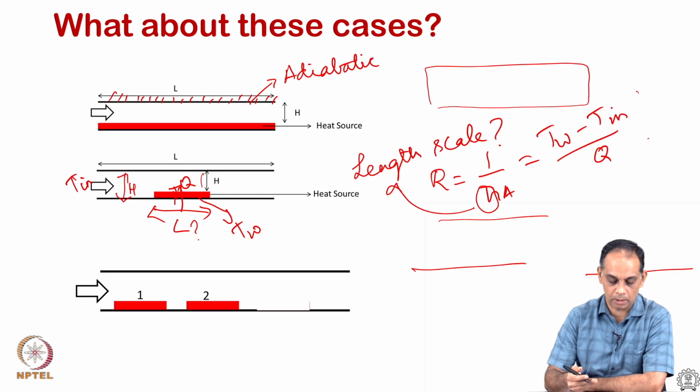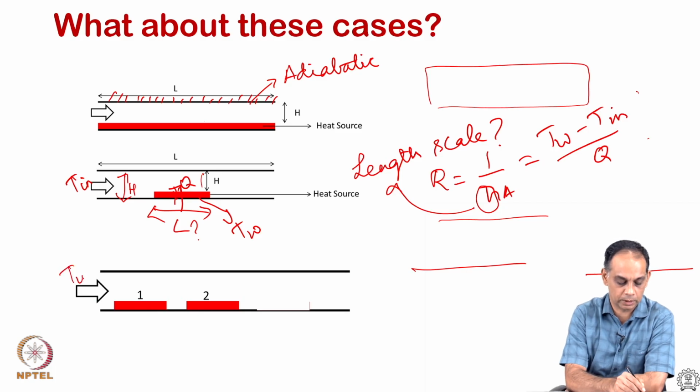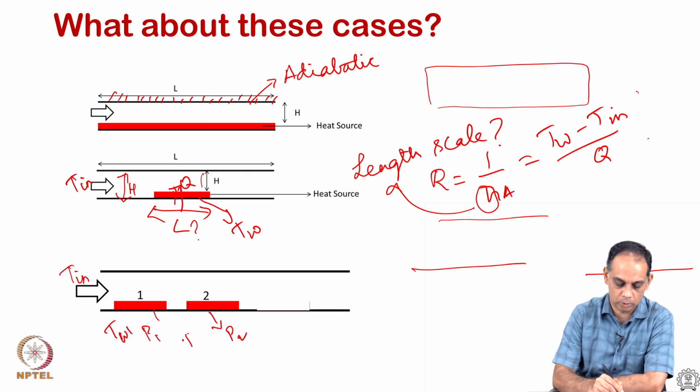Now, going to an even more complex case, we have two heat sources, 1 and 2, and flow is happening. Flow is coming in at a certain temperature T in, this has a power of P1, this has another power level of P2, and there is T wall 1, T wall 2. Now, let us say I assume that I can use the length of my source as the length scale, this is L1 and L2.